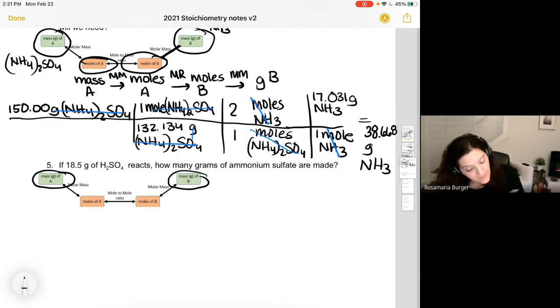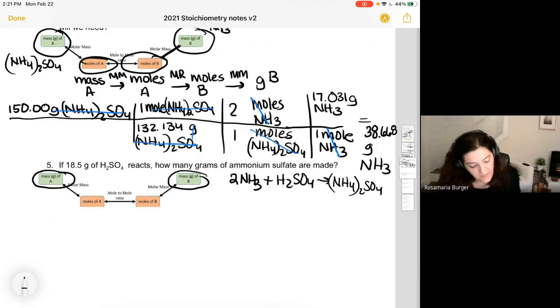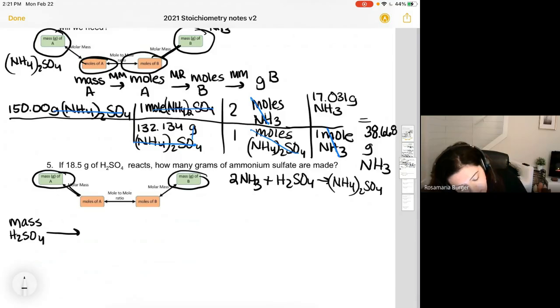And I'm going to write my equation down here: 2NH3 plus H2SO4 gets me NH4 to SO4. Okay, so I have to go from mass of H2SO4 and use its molar mass to get to moles.